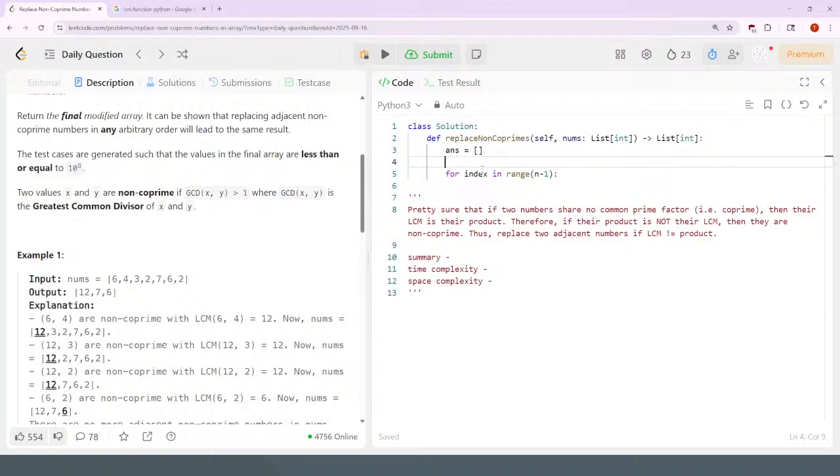Since I know that I'm going to be indexing at index and at index plus 1, I need to do one less for the top end of the range, where n is the length of the numbers in the array. I don't want to use the last number.